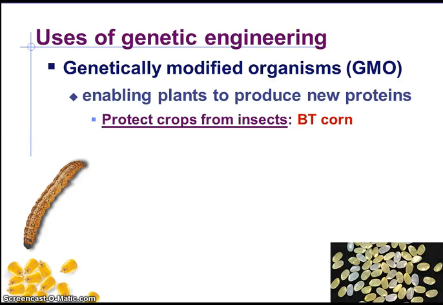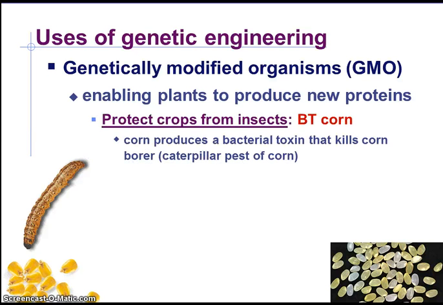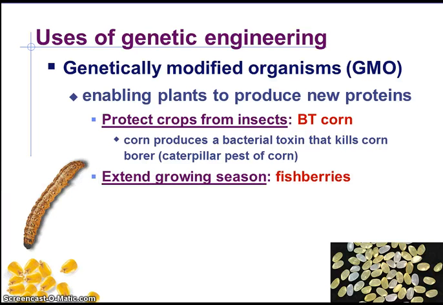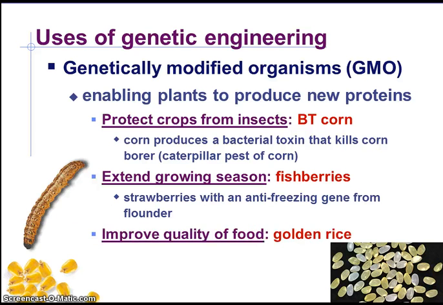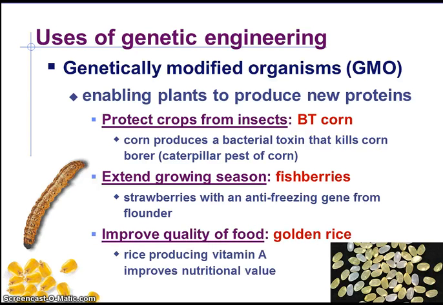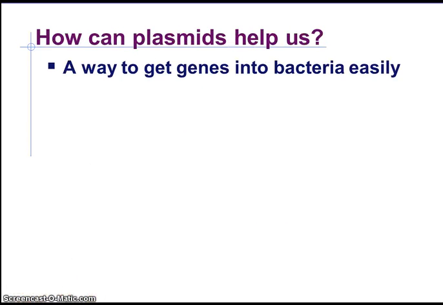So we can protect crops from insects, where the corn produces a bacterial toxin that kills the corn borer, which is the caterpillar. We can extend the growing season, so strawberries with the anti-freezing gene that actually came from a fish. We can improve the quality of food, so we have rice that produces vitamin A.